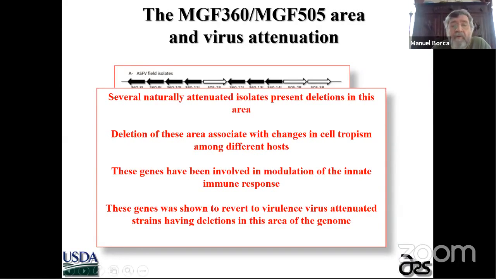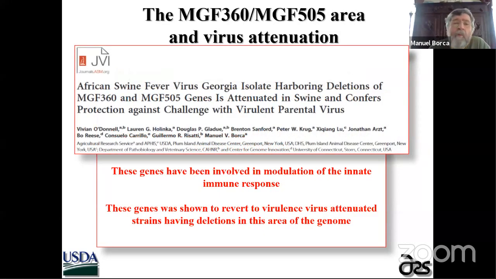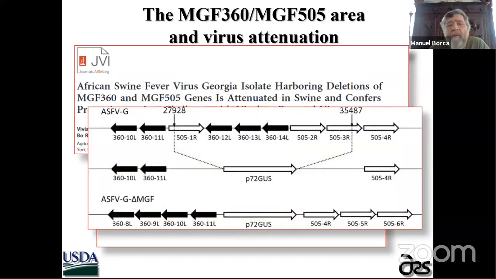And also important, a paper from John Leland a long time ago showed that he could rescue with this particular area of the genome the virulence of an attenuated virus by recombination. So all of those things put our attention on this particular area, and we produced a virus that we published in 2016, where we deleted 6 genes of this area, 3 of the 360 family and 3 of the 505 family.